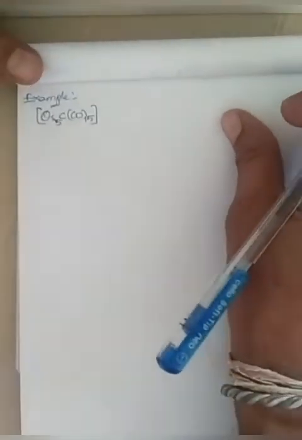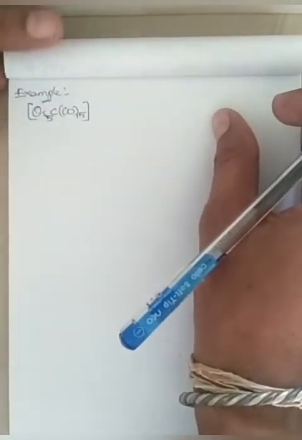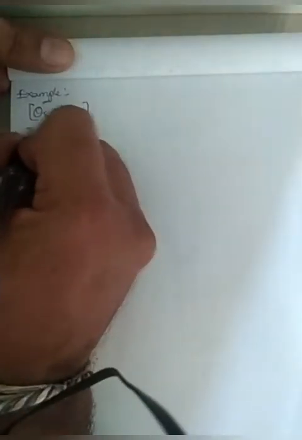One more time I will write the same total electron count formula here. So when we have one of the metal clusters, initially we are going to calculate the total electron count.